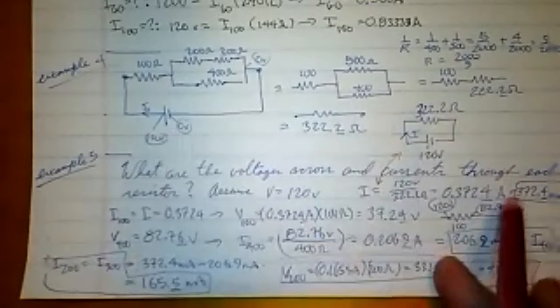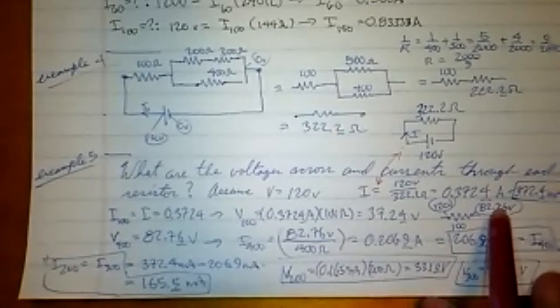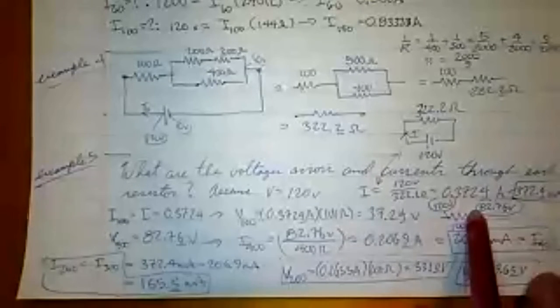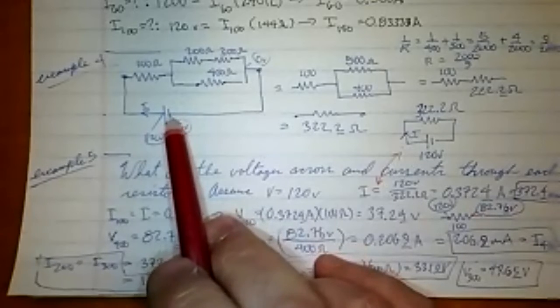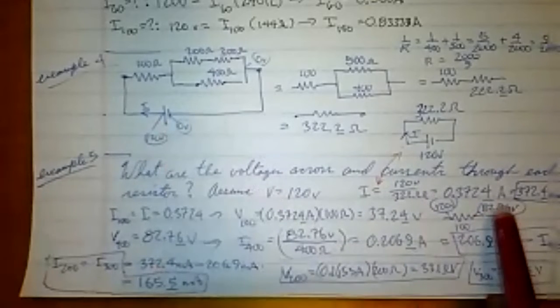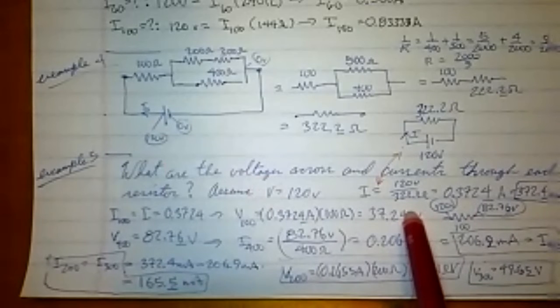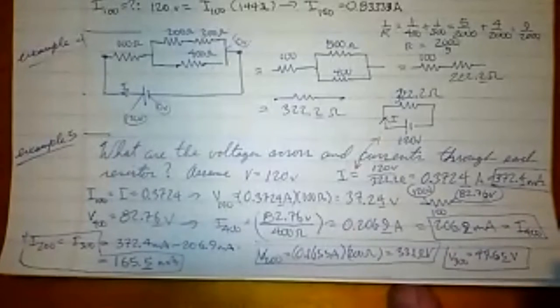So that 82.76 that I drew right there is what I would read when my red was here on the right side of the 100 ohm resistor and my black was over there. So this is the height, whereas this is the change in height that occurred to get there. Everybody understand that? Anybody have any questions on that?